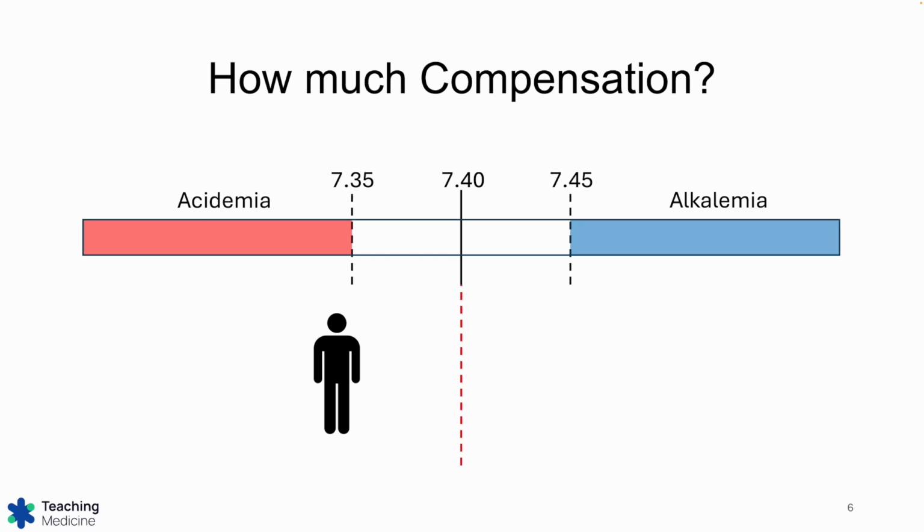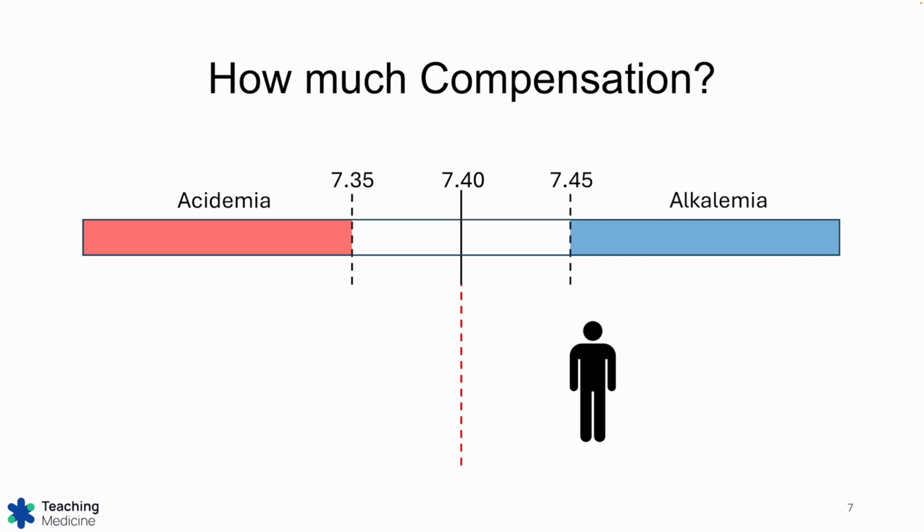If we had a patient with alkalemia, a primary alkalemia process, compensation is going to bring that pH towards normal. But even at the maximum amount of compensation, it's not going to bring the person all the way to 7.40.